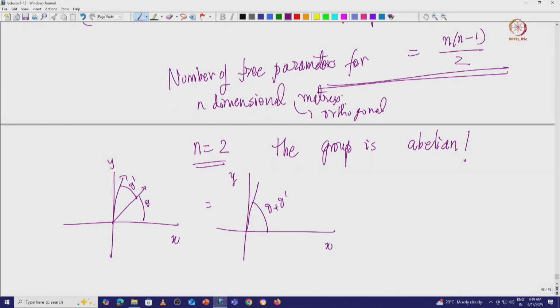Now if you rotate the other way around, so if you start rotating with theta prime first, which is the smaller angle, and then with theta, which is the bigger angle, then these rotations are identical. So you will get again theta plus theta prime.